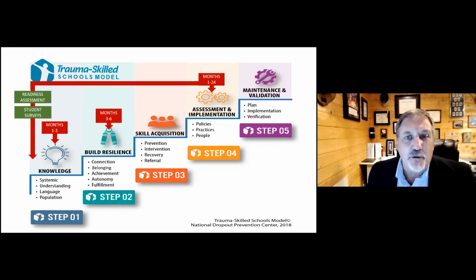Also in autonomy, we want to teach social and emotional skills that help them manage their behavior and their emotions. In fulfillment, we're trying to give them a service orientation, an orientation toward others, and the understanding that they do have something they can contribute, which again combats some of the false beliefs they have. So we spend the first 6 months with that kind of training.